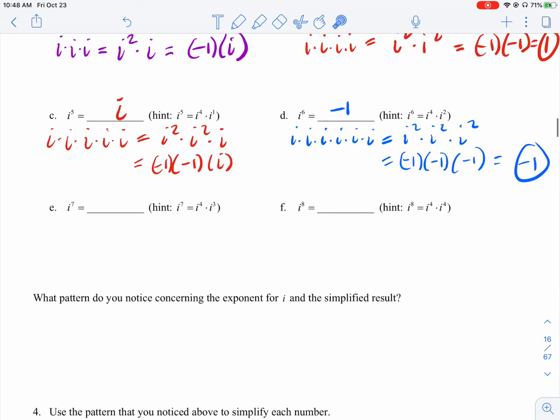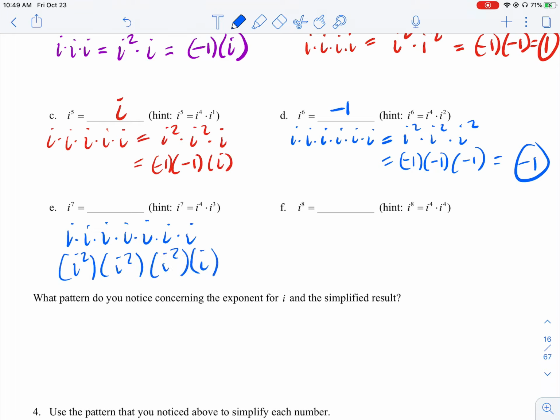Let's try. Again, you can use prior information to break i to the power of 7. You see this? That's prior information. But let's break it into parts where we don't know anything. So we have i. That's a lot of i's. 1, 2, 3, 4, 5, 6. Don't worry, it will get better. 1, 2, 3, 4, 5, 6, 7. So let's group them. This is i squared, i squared, i squared, and i.